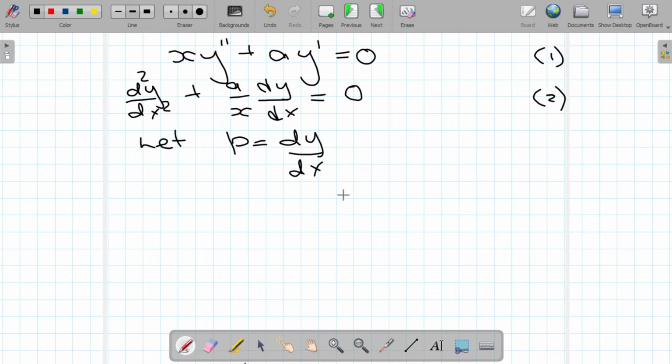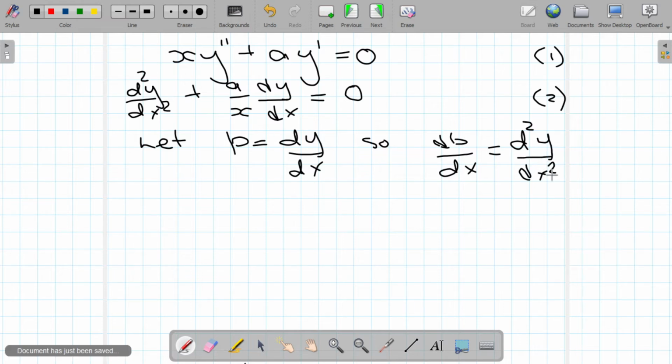So we've got p equal to dy by dx, so that dp by dx is equal to d squared y by dx squared. Right? So straight away, you can see that we can substitute dp by dx in for d squared y by dx squared, and we can substitute p in for dy by dx here.